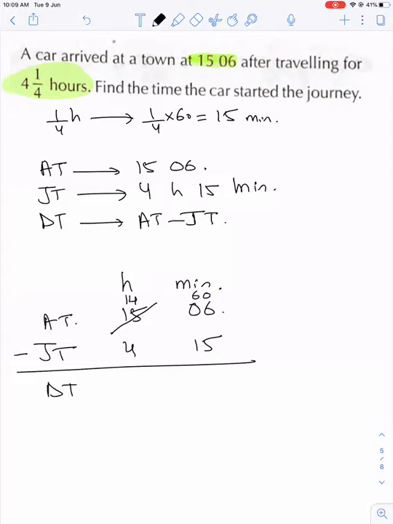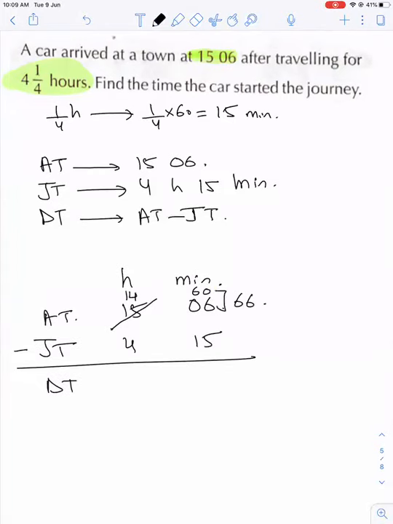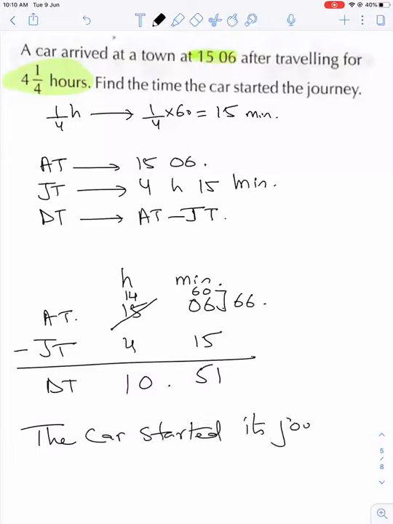So now you have 66 minutes. 66 minus 15 is 51. 14 minus 4 hours is 10 hours. So the car started its journey. The answer will be the car started its journey at 10:51. This will be the answer.